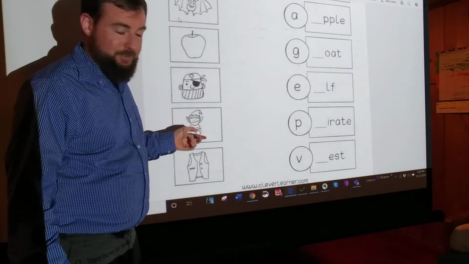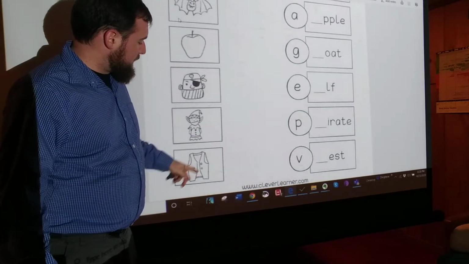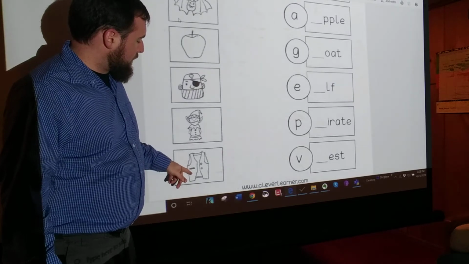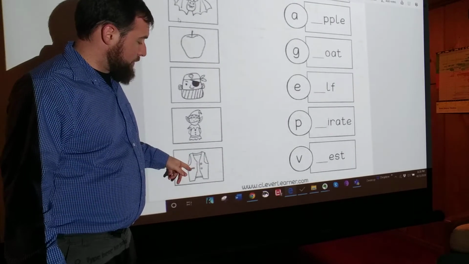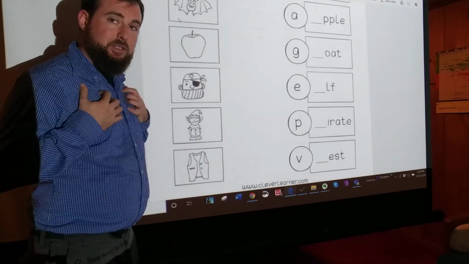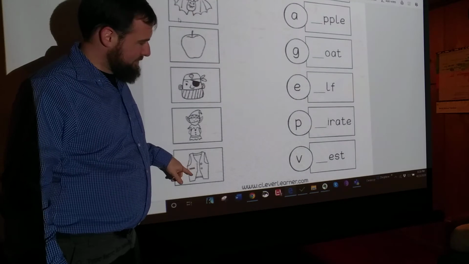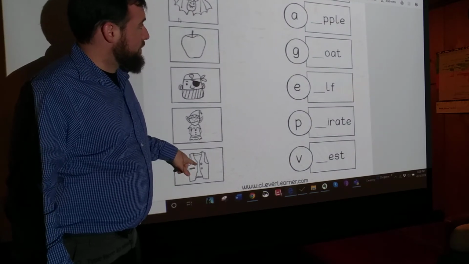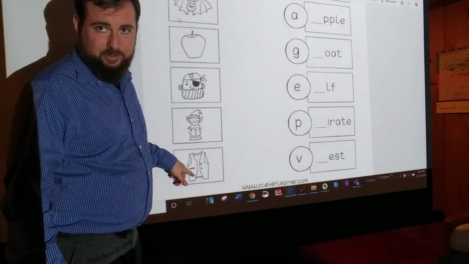Santa Claus has elves. And last, this is something that they really like in these activity books. You wear it when you want to be really fancy. It's like a shirt, but it doesn't have sleeves. That's called a vest. Vest. Okay? So, what do you think makes the vest sound?